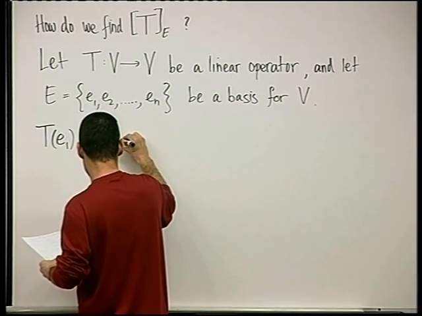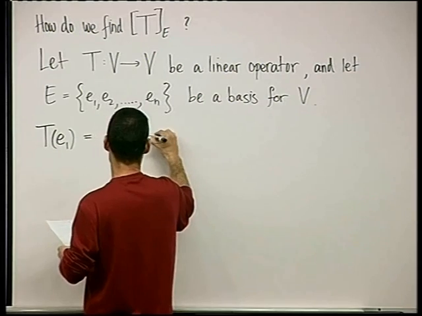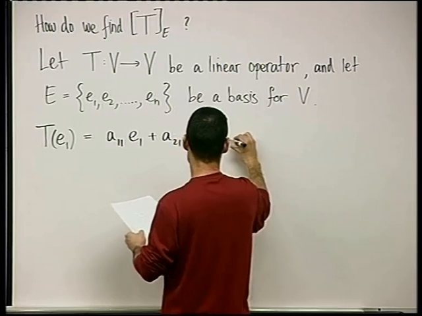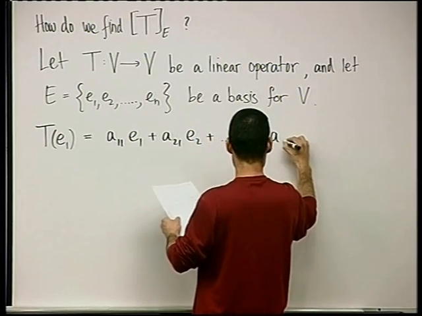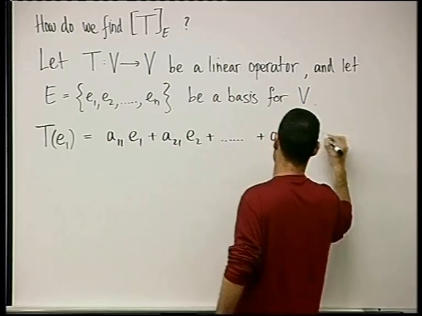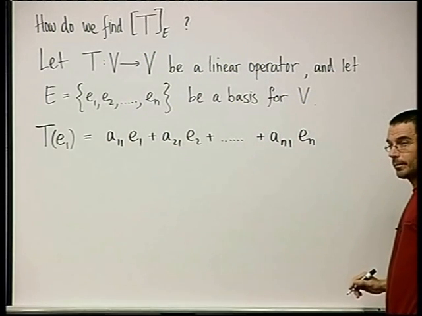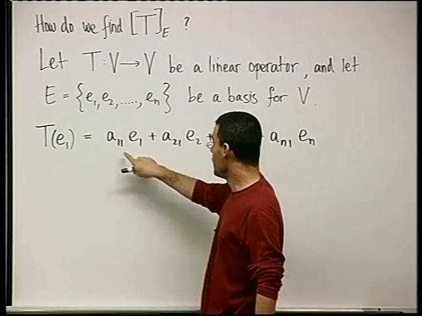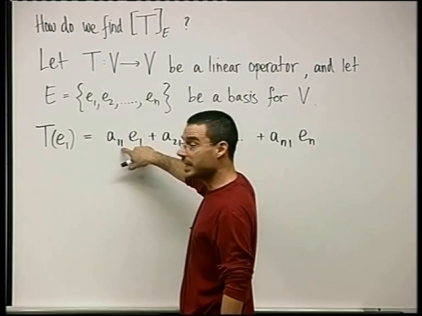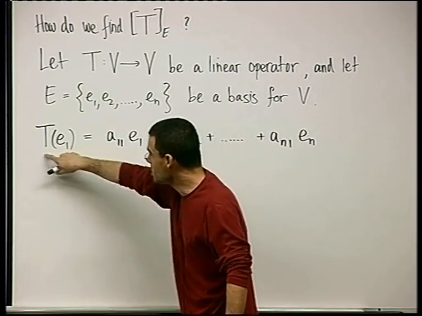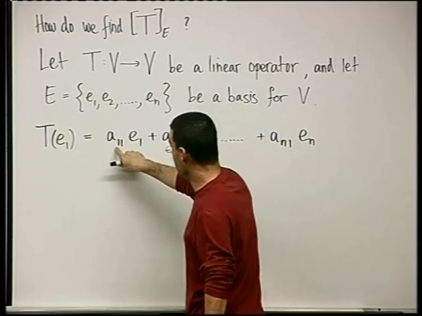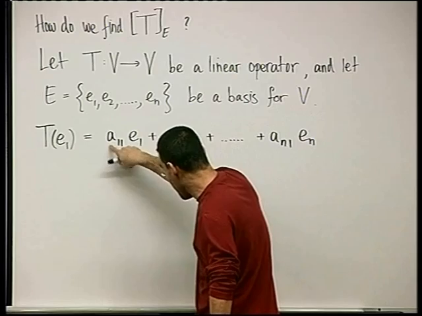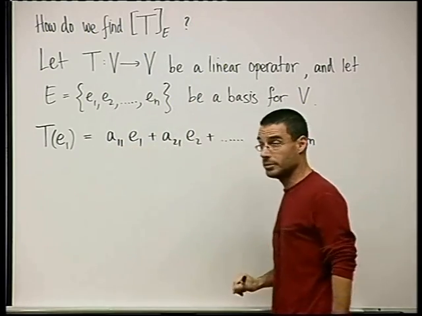So it's going to be A11 times E1 plus A21 times E2 plus dot dot dot AN1 times EN. Do you agree? The reason I have two indices here: the second one indicates that this is T of E1, and the 1, 2, 3 up to N indicate which E the coefficient belongs to.